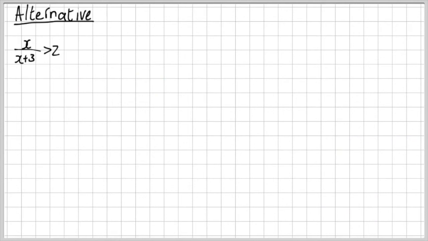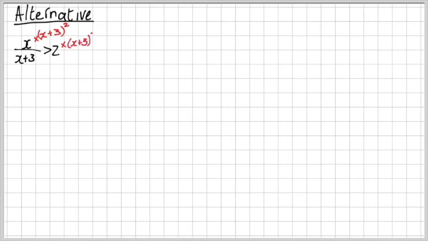So x over x plus 3 greater than 2. I am going to get rid of my LCD. And I'm going to multiply both sides by x plus 3. Exactly what I told you shouldn't do. But not just x plus 3. But actually I'm going to times both sides by x plus 3 squared.